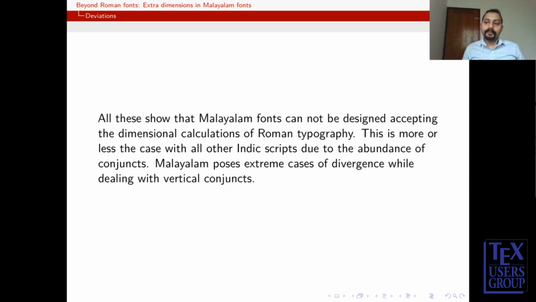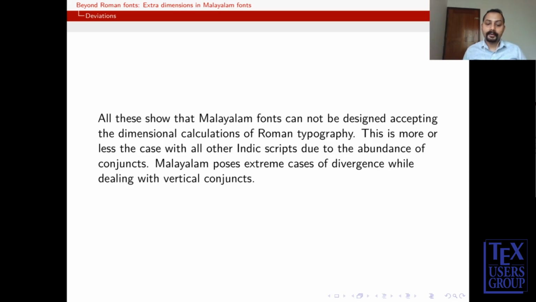All this background information and the problem statement and all these screenshots and images that I have shared hopefully show that Malayalam traditional script fonts probably cannot be designed adhering to the Latin font metrics. One prominent example of this, even with a reformed script which doesn't have an abundance of conjuncts, is the Kartika font, which is the default font in Microsoft Windows operating systems.